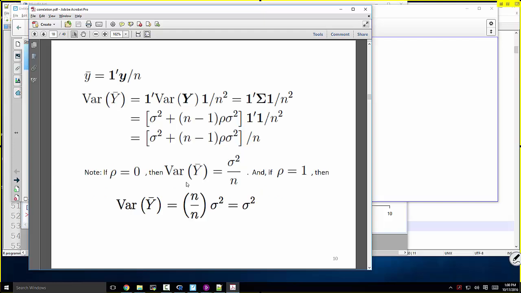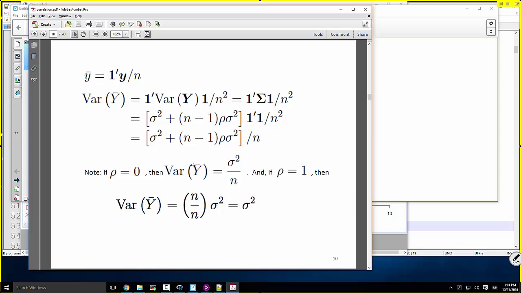So we figured out what the variance of y bar is under the generic correlated data case, and it ends up this way. This result is sigma squared over n, but there's some extra stuff. If rho is 0 and we have IID data, then we have our familiar result about the variance of y bar, sigma squared over n.